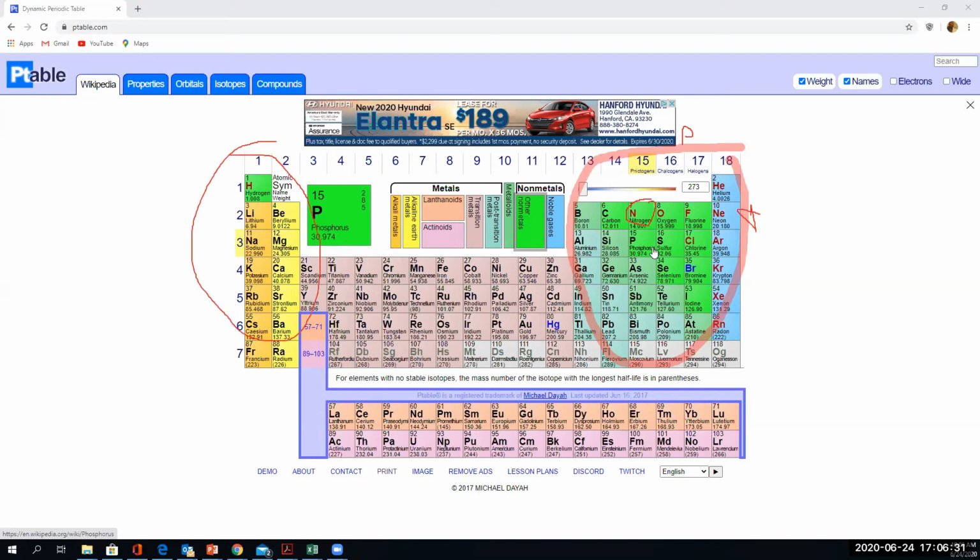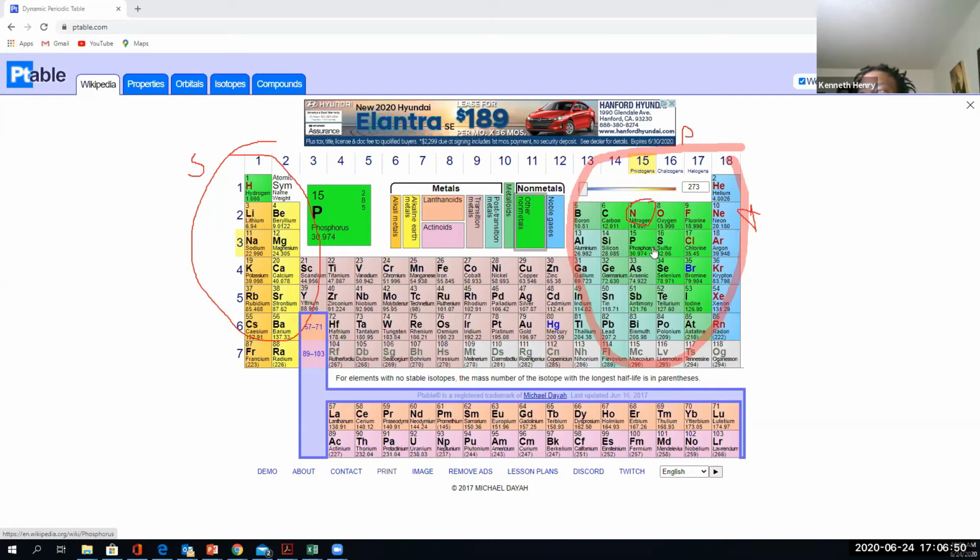Okay, so counting only the S and the P block in period 2, starting where nitrogen is at, count backwards. How many electrons is that? That's 5. So that represents the valence electrons for nitrogen.